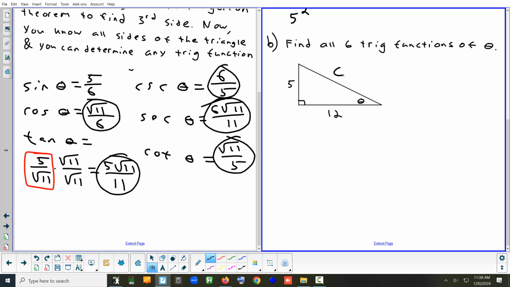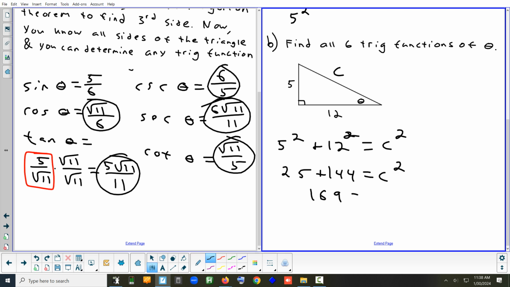Can you set up the Pythagorean theorem for me using the 5, 12, and the C? Yeah, so 5 squared is 25, plus 12 squared equals c squared. 25 plus 144. So that's 169 for C squared.